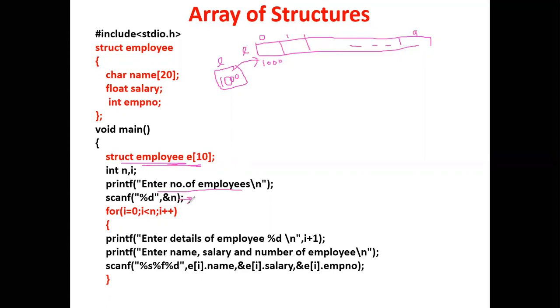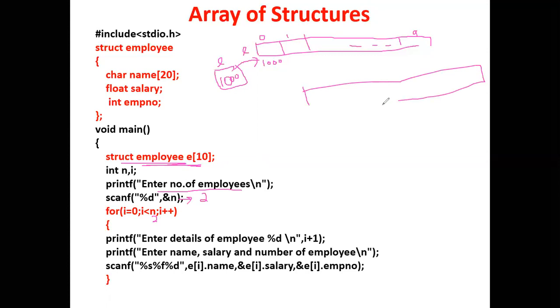So I will take n value equal to 2. I will be storing only 2 employee details. You can store 10 employee details, but here in the example I'm showing that I can store only 2. Okay, for i equal to 0, i less than 2. How many details can I store?